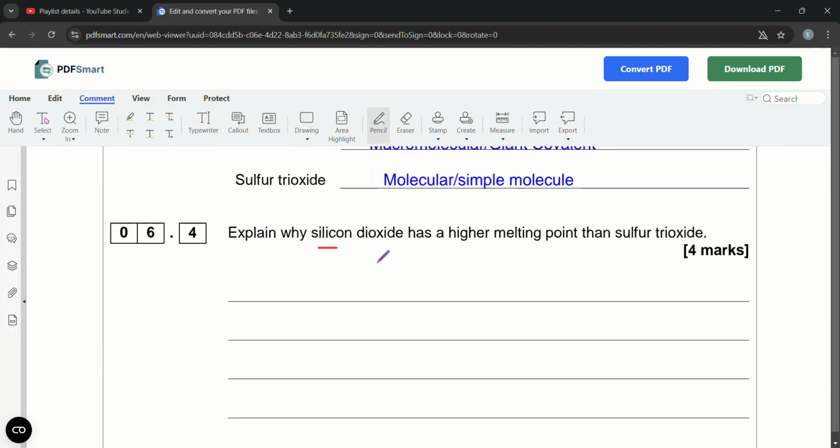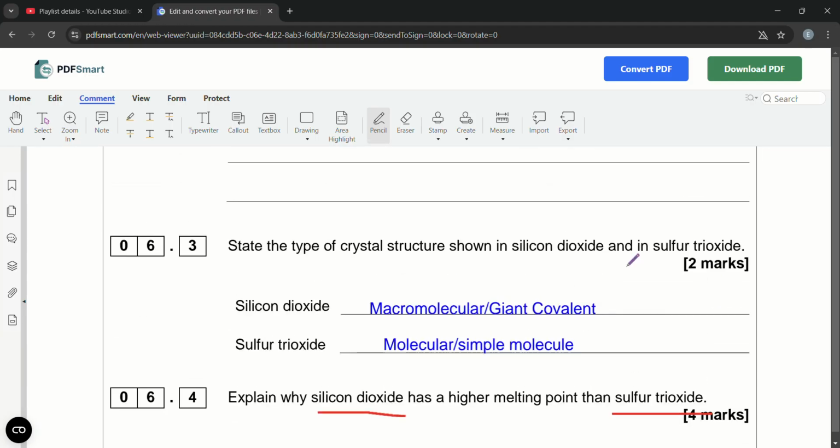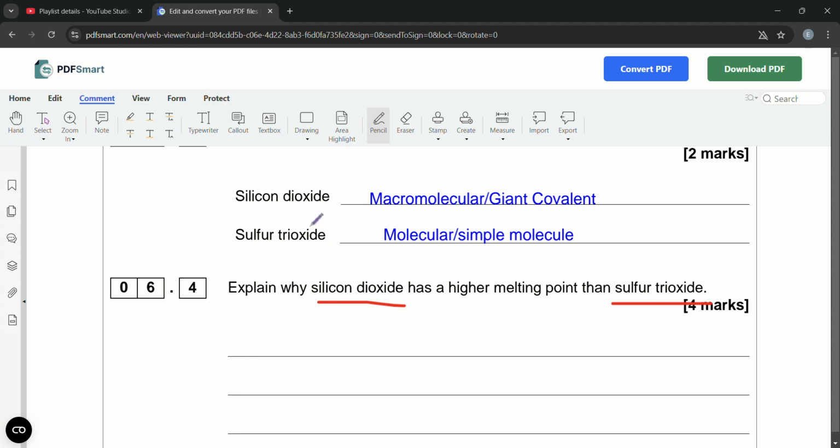Explain why silicon dioxide has a higher melting point than sulfur trioxide. That's a really nice question. Giant covalent has strong covalent bonds between atoms, whereas this only has van der Waals between molecules. Yeah, very nice question.